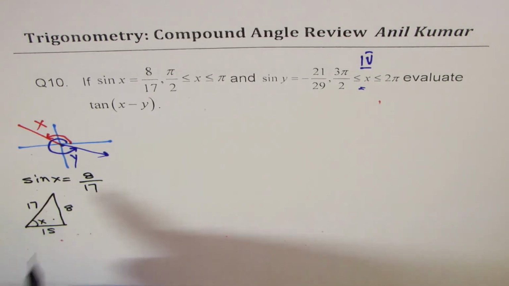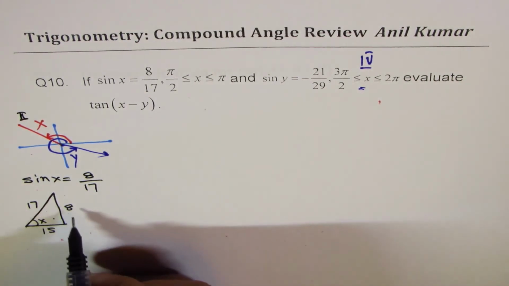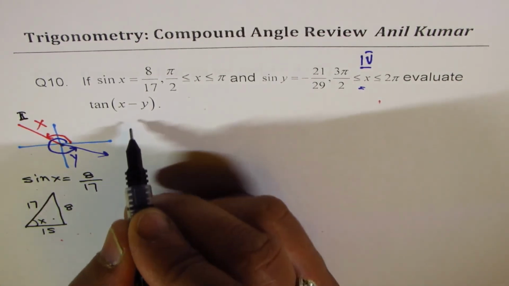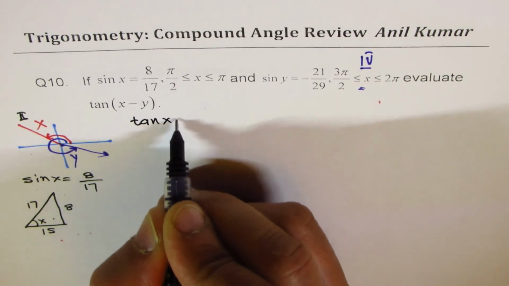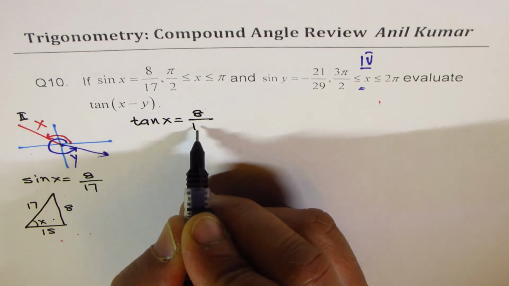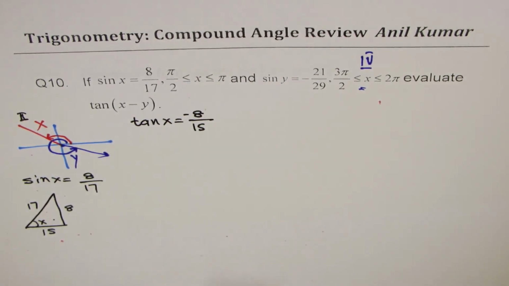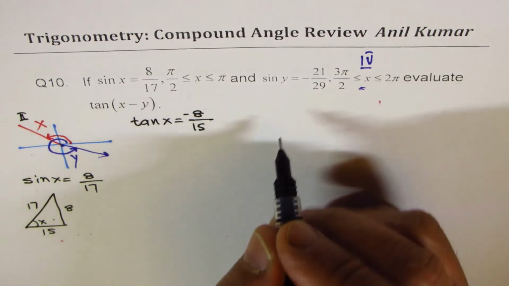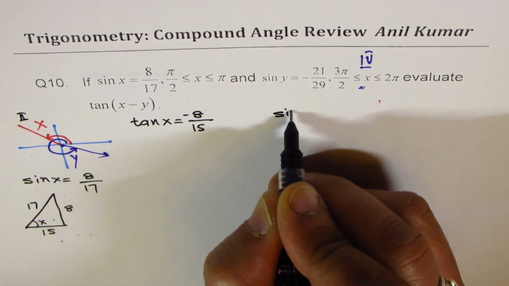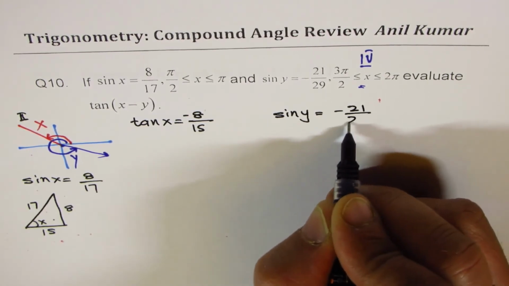From here, you know what tan x is. Since you are in quadrant 2, tan has to be negative, correct? So we can write that tan x is equal to 8 over 15 with a negative value because of this. Now, let's look into sine y. Sine y is equal to minus 21 over 29.